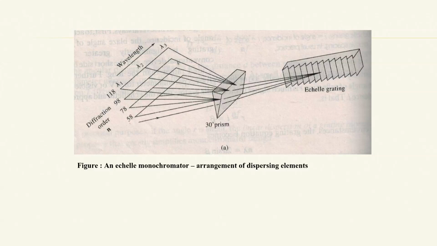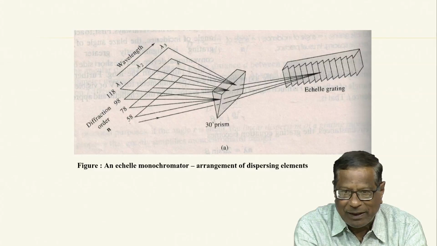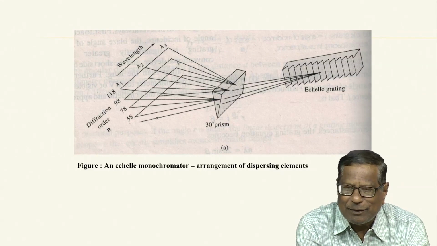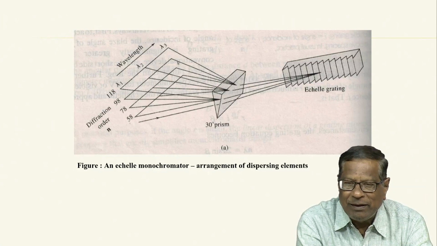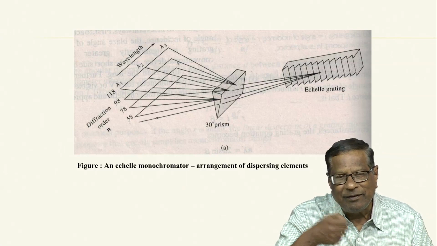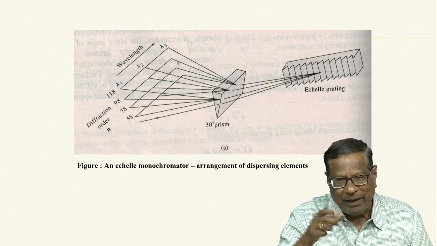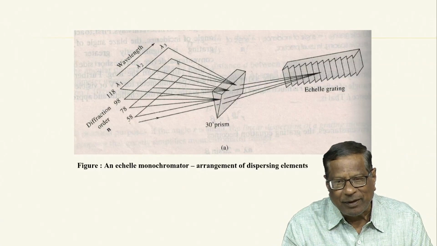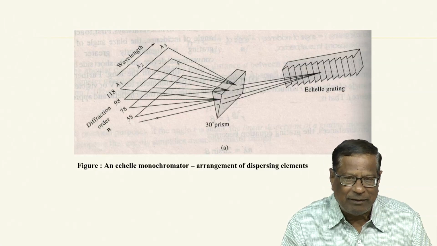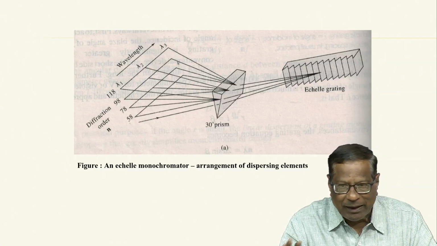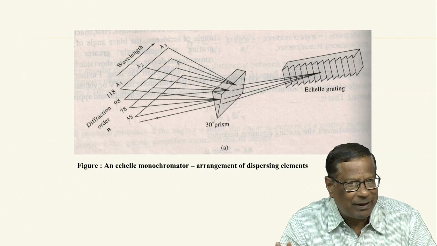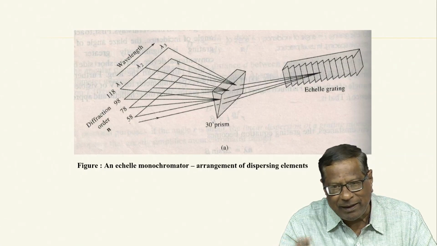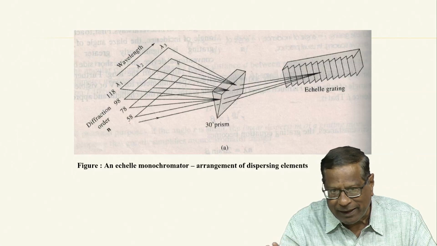It is a great engineering achievement to draw 30,000 lines, depressions per centimeter, and the typical numbers used in a spectrophotometer are from 1200 to 1800, either 1200 lines or 1800 lines.